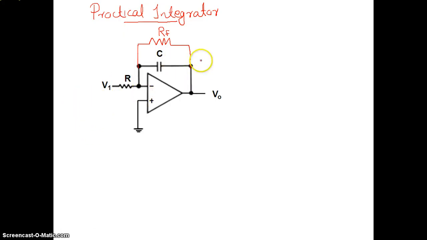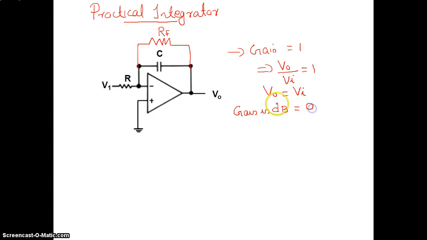Here, suppose I take the condition that gain is equal to 1. Gain is 1 indicates that V out is equal to V input. V out by V input is equal to 1. In that particular case, the gain in dB is equal to 0.